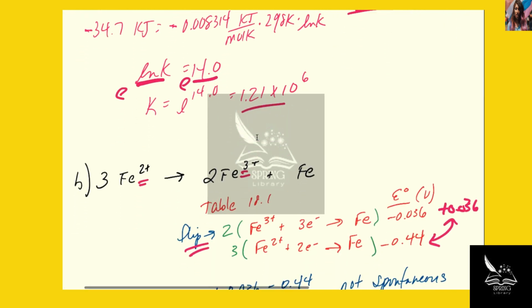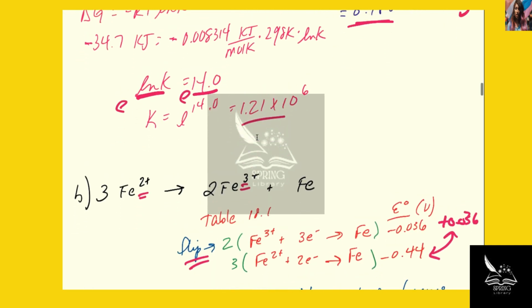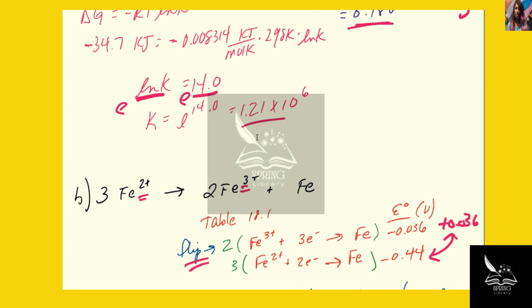Now for part B, we need to do the same thing with table 18.1, finding the equations that when combined give us the equation in the problem. So we have Fe2+ and Fe3+. So we're going to look for those reactions in the table. So here are the reactions with their E0 values.